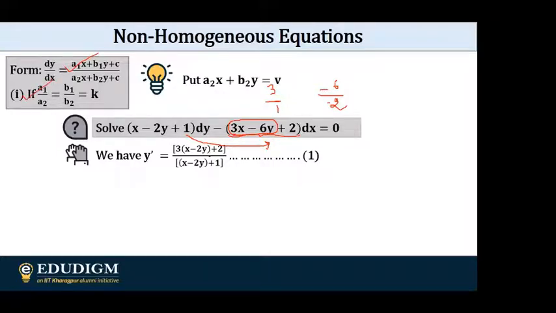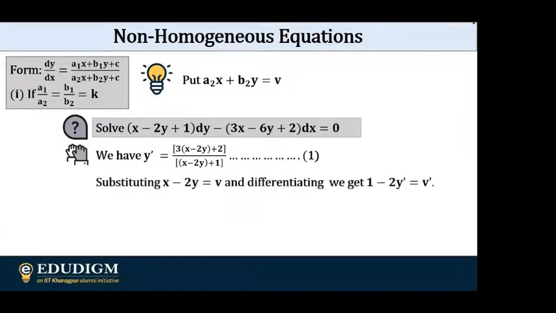So what we do is, now that I have written it down in this particular manner, you know that if I substitute, this will be purely a function of v. So see what we have substituted. I have substituted this as v. If you differentiate both sides, you will get 1 minus 2 into dy/dx equals dv/dx.